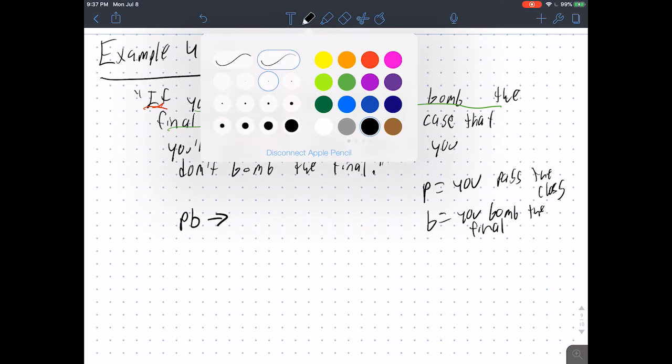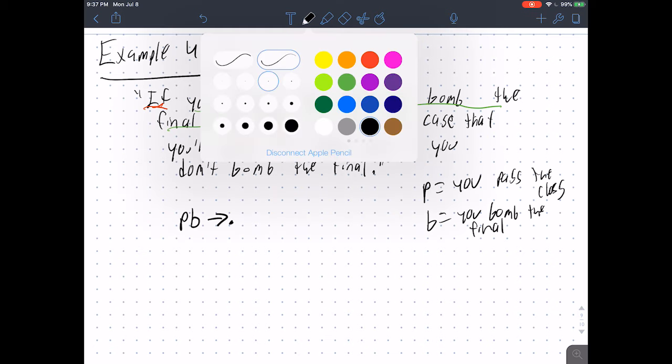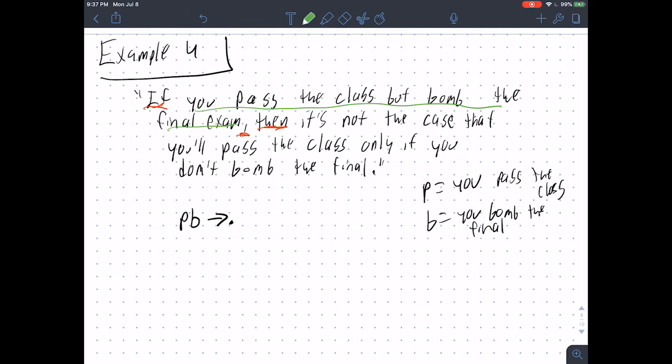What might be confusing here is what the consequent of our conditional actually is. It's what comes after the "then." It says it's not the case that you'll pass the class only if you don't bomb the final.